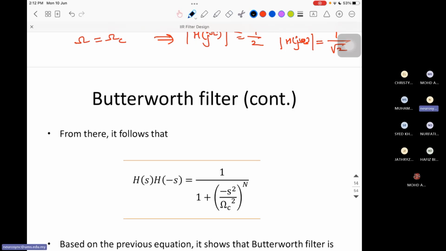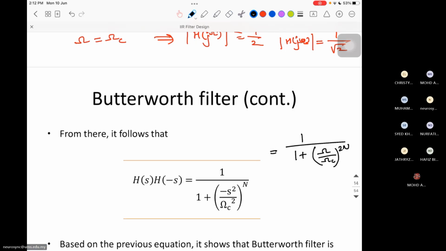Previously it was 1 divided by 1 plus capital omega by omega c to the power twice n. So this square term I can write as minus S square.